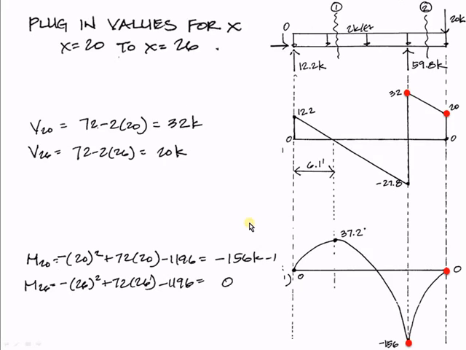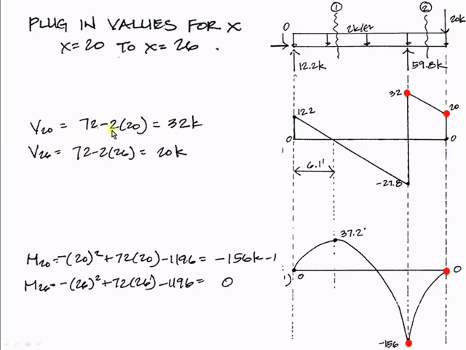So like we did before, we'll plug in values at the boundary conditions, or at the locations where this formula applies. So plugging in x equal to 20 feet for our shear formula, we end up getting 32 kips, so now we know this value. Plugging in x equal to 26 feet, we get 20 kips here, so we know this value.